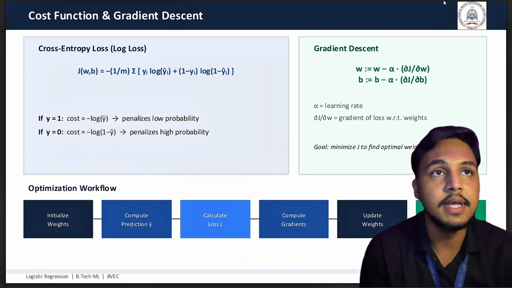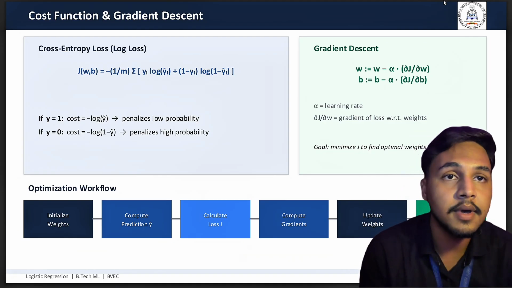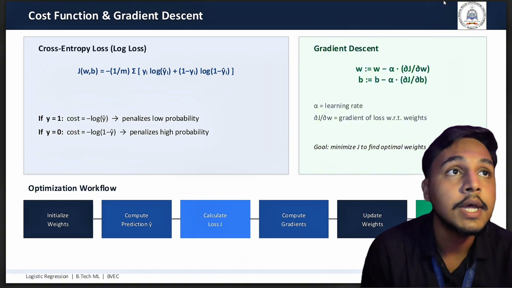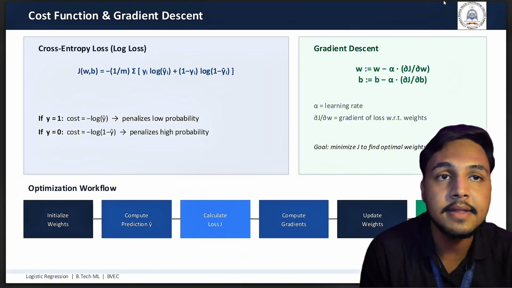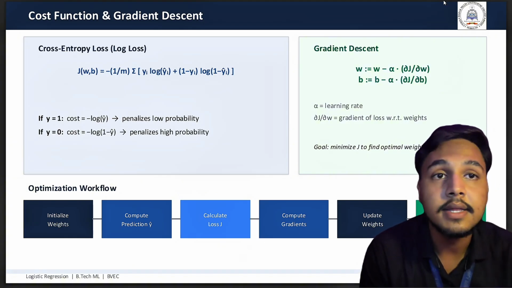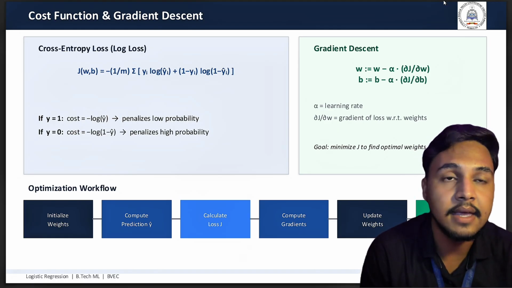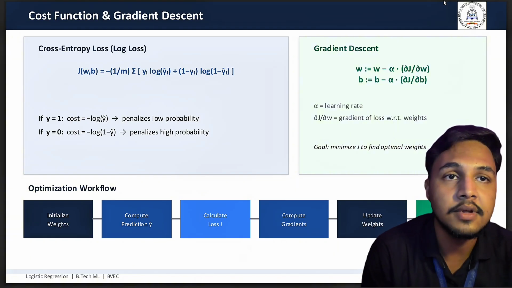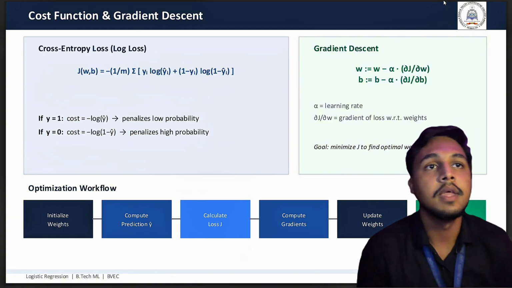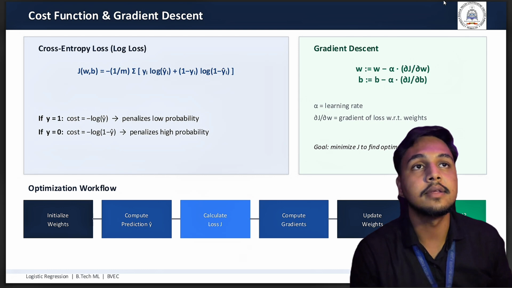Now, what is gradient descent? Gradient descent is an optimization algorithm that is used to minimize the cost function and find the optimal value of theta. The update rule is theta equals theta minus alpha times the partial derivative of the cost with respect to theta, where alpha is the learning rate.